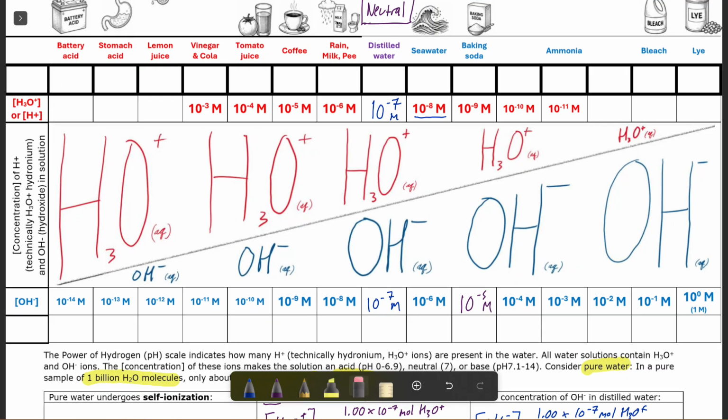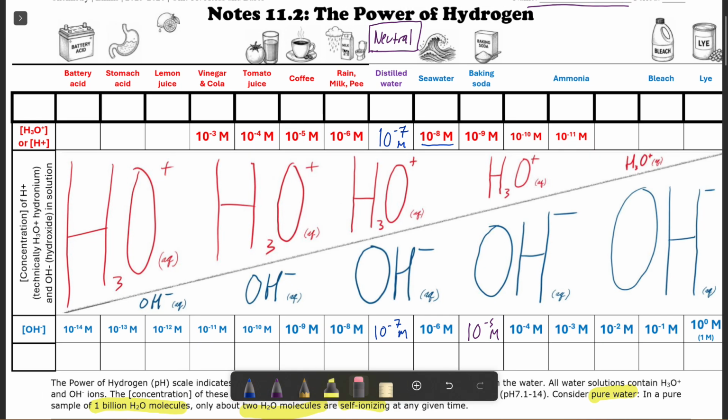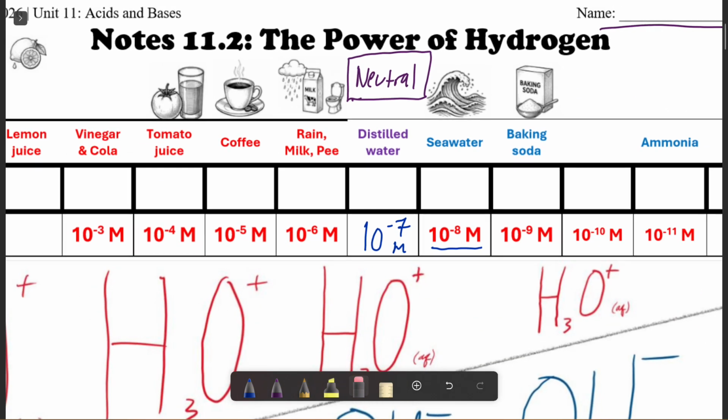Sorry. So this all happens when I add stuff to water, okay? Water will always be in equilibrium with itself, self-ionizing. But if I add things like a bunch of ions inside of seawater, I'm going to start getting more hydroxide.